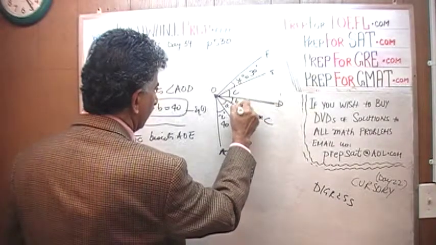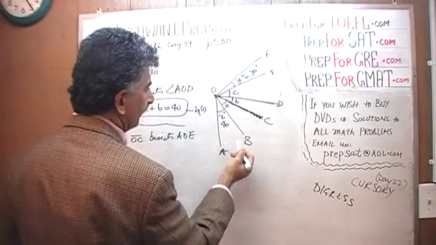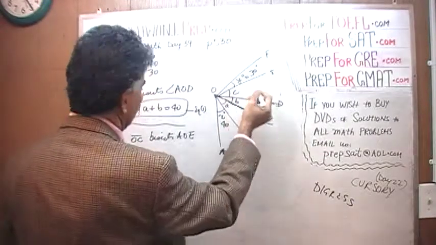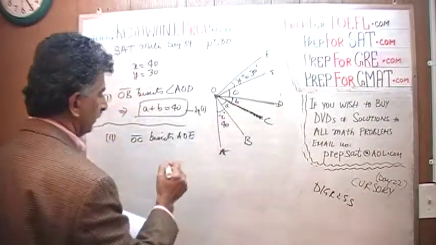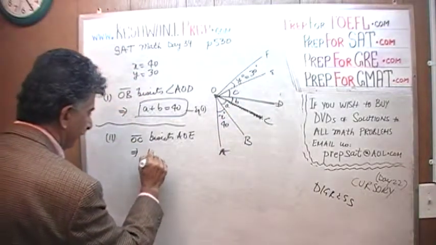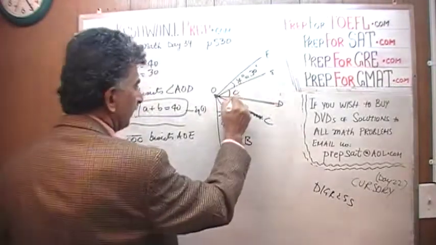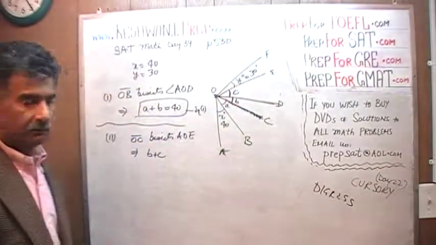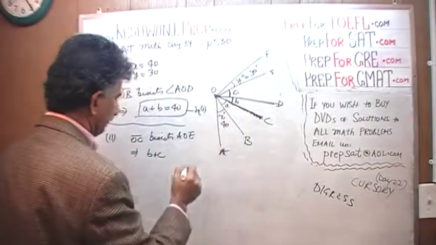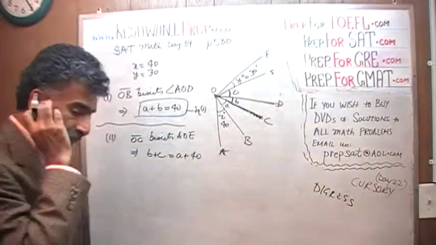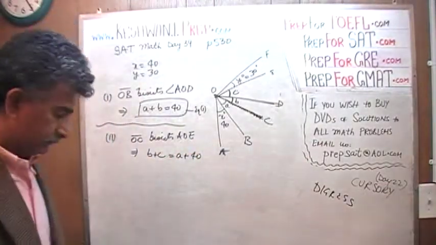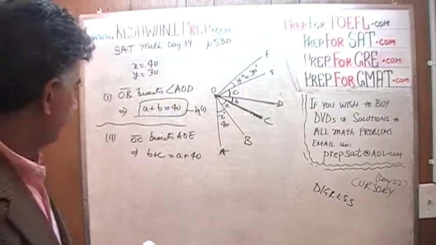OC bisects AOE, which means B plus C, this angle right here, must equal A plus 40. A plus X, which is 40. That's our second equation.